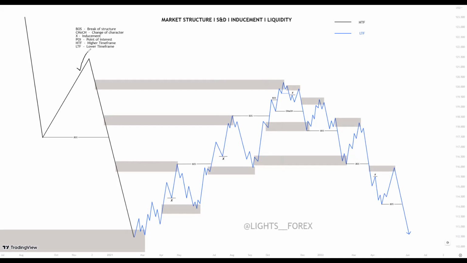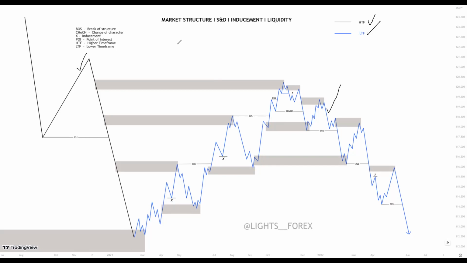Personally, my high time frame is 4 hours, and my lower time frame is 15 minutes. I would recommend you have at least 2 time frames, but not more than 3. Personally, I have 3, but most of the time I use 2. Now and then I use what you call an entry time frame.